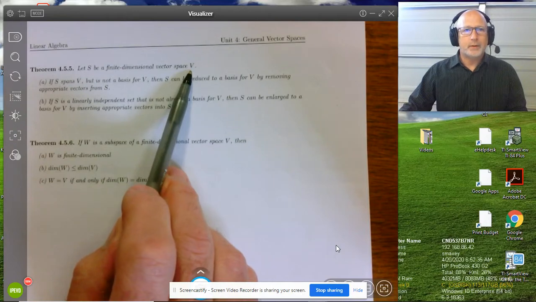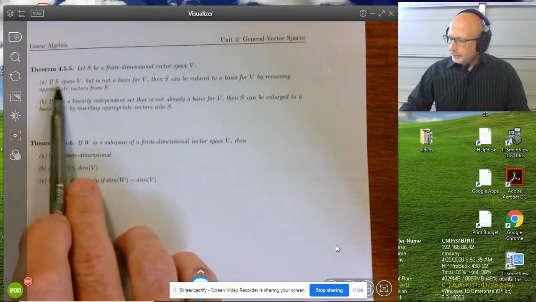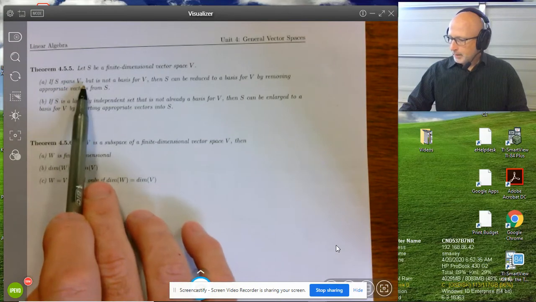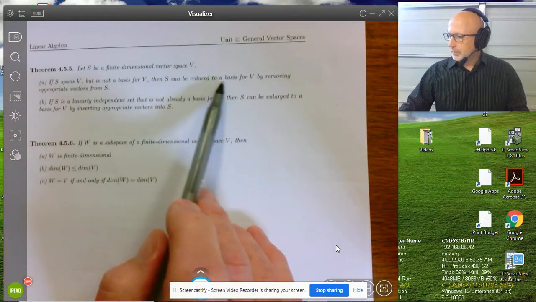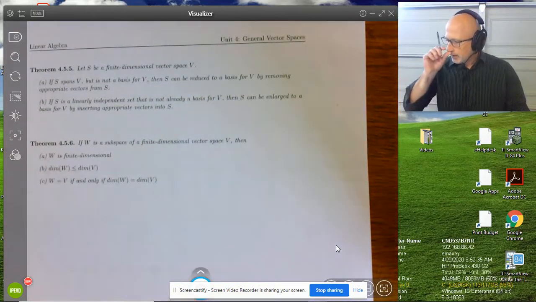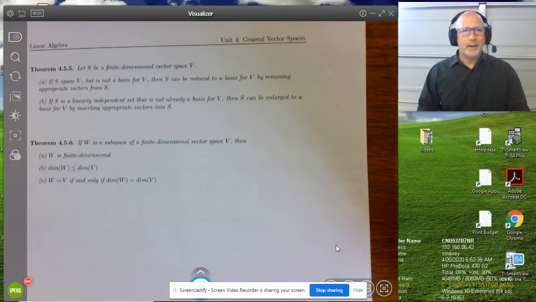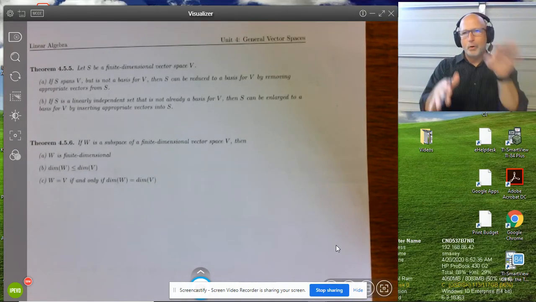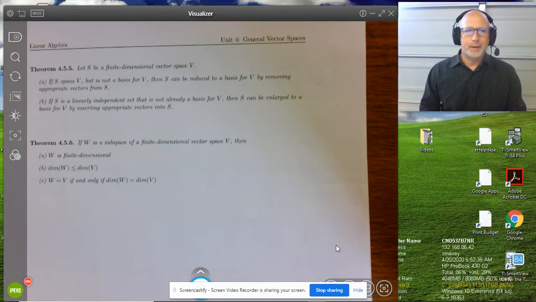A, if S spans V but is not a basis for V, then S can be reduced to a basis for V by removing the appropriate vectors from S. It's kind of a restatement of the same thing we've been dealing with. It spans V, but it's not a basis. That means it has too much, some overlapping things going on. So if you take that one out, you can then make it a basis.